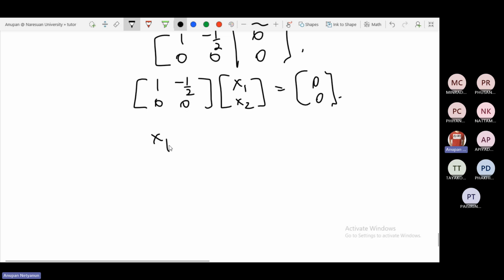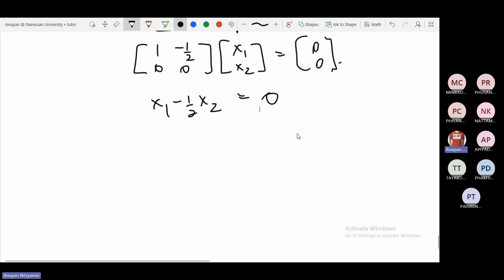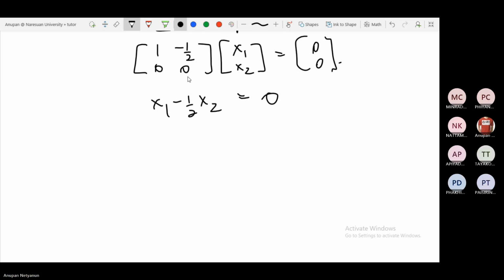You get x1 minus half x2 equal 0. And on the second row, you have 0 plus 0 equal to 0, so you don't need to write that. From here, the leading coefficient is for x1, so there is no leading coefficient for x2. So x2 is free.